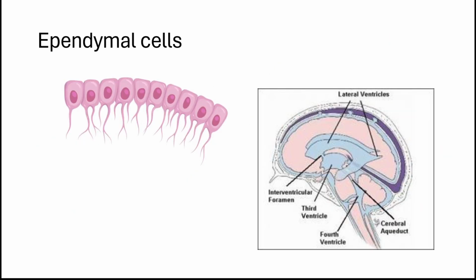Now there's the ependymal cells. Ependymal cells are usually found as cuboidal or columnar and are found within the ventricles as well as the central canal.